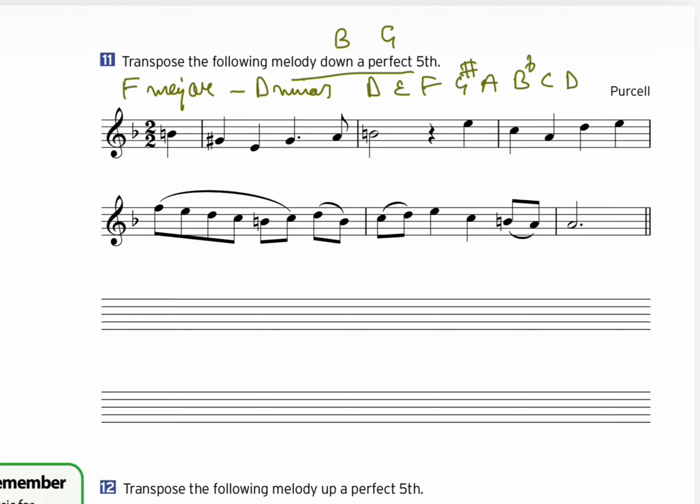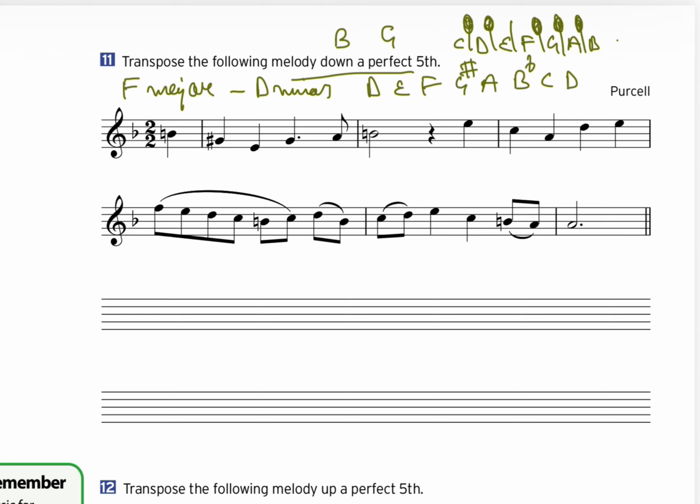Now if we transpose from F major to a perfect fifth, let's check that one. We'll make a small keyboard again. So we are at F major, right?